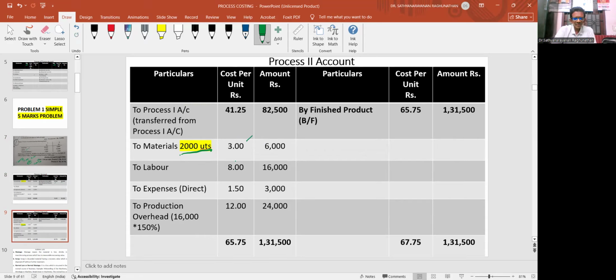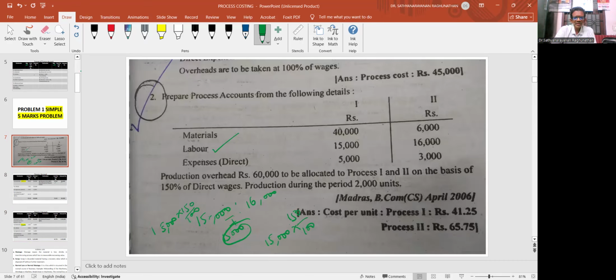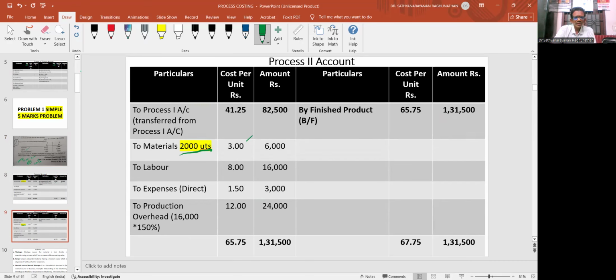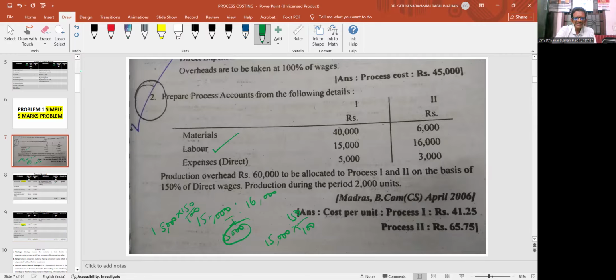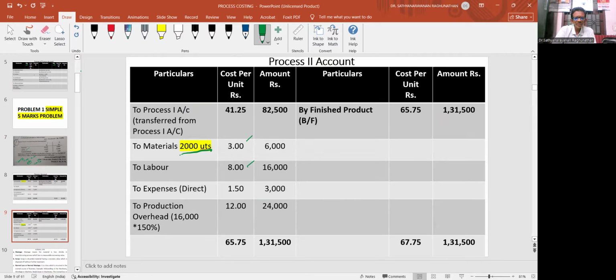And then for labor, they have given 16,000. 16,000 divided by 2,000, 8. And then for direct expenses, they have given 3,000. 3,000 divided by 2,000, 1.50.